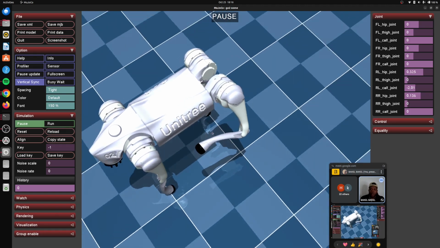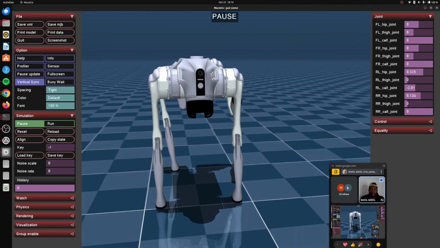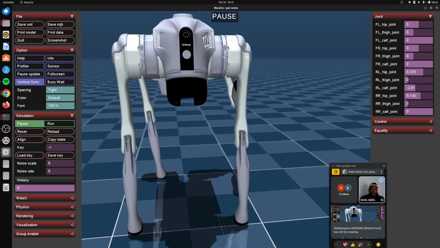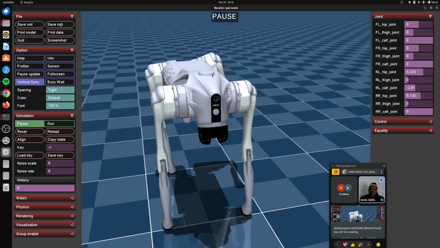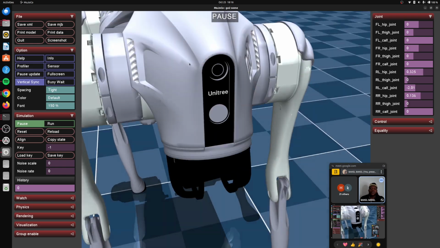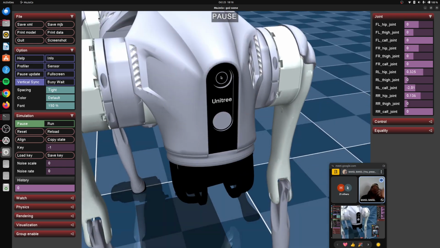Going back here, if we come to the front of the robot, we can see some things that look like cameras. These are stereo cameras. If we have enough time actually, we'll come to stereo cameras too. Stereo cameras, basically, they are able to see not just video but depth.